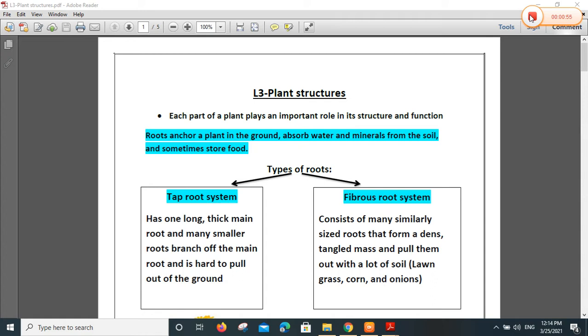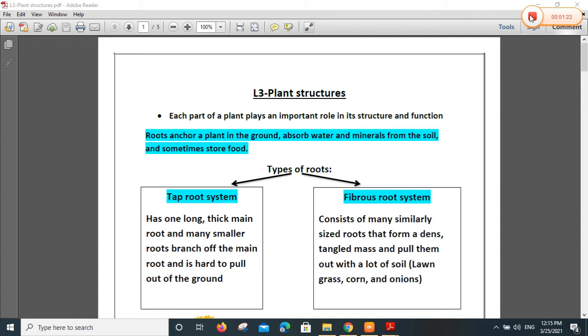Plant structures start with roots and other parts that form the plant: stem, leaves, and fruit. So the structure of a plant starts with root, then stem, then leaves, then fruits.